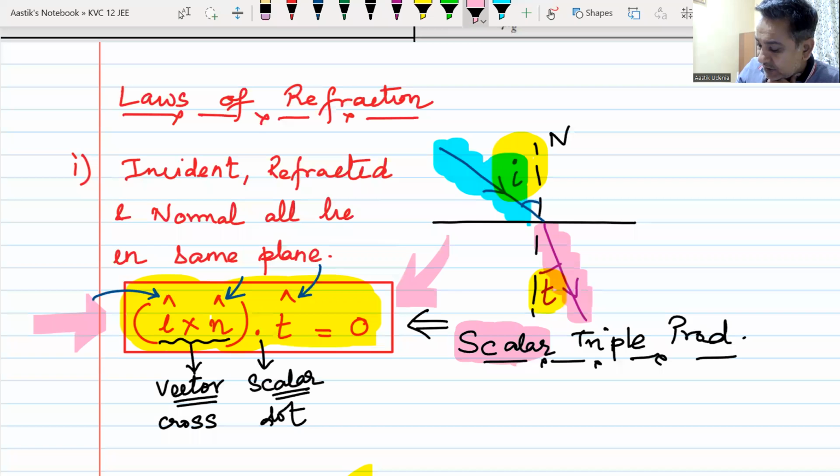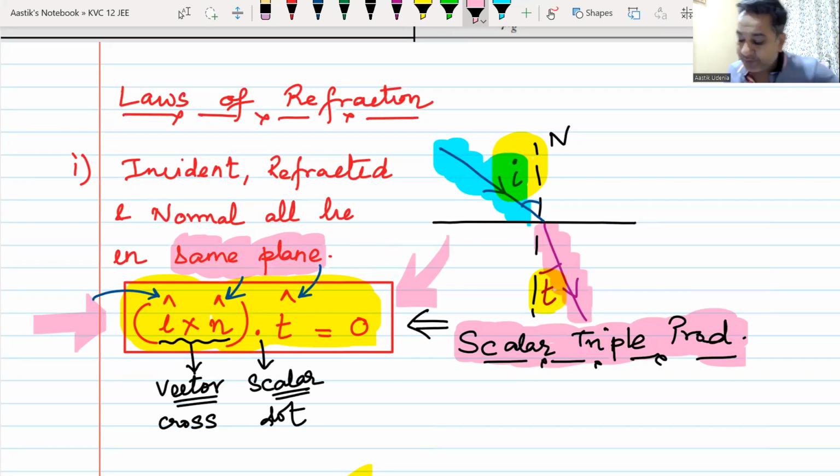This is known as a scalar triple product. And if three vectors are coplanar, that means they lie in the same plane, the scalar triple product becomes zero. Do we understand this? Okay. That was the first law of refraction.